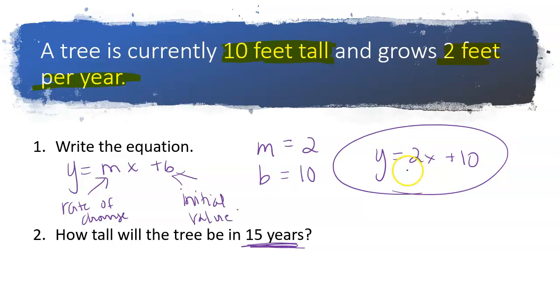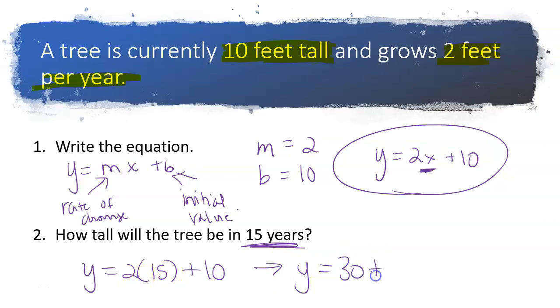Remember, this is 2 feet per year, so I can plug the 15 in place of the X. So Y equals 2 feet times 15 years plus I started out at 10 feet. 2 times 15 is 30 plus 10. So in 15 years, my tree is going to be 40 feet.